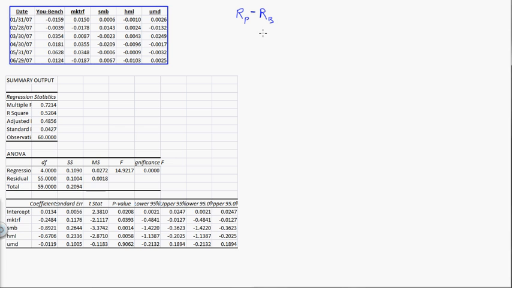And I'm not paying anybody management fees. So what I want to do is take your returns, subtract the benchmark, and then I'm going to run the same regression, alpha plus beta times RM plus S times SMB plus H times HML plus M times UMD. So I'm saying again, I want this alpha to be positive.